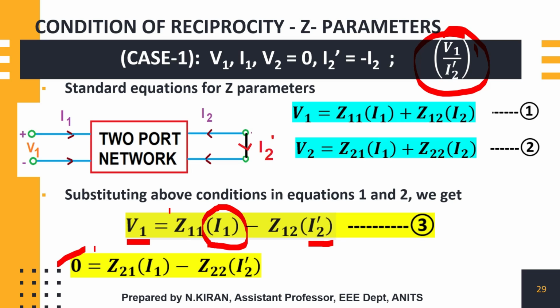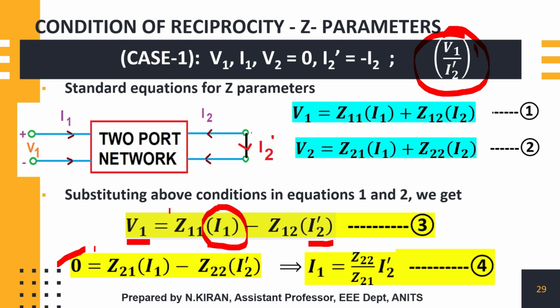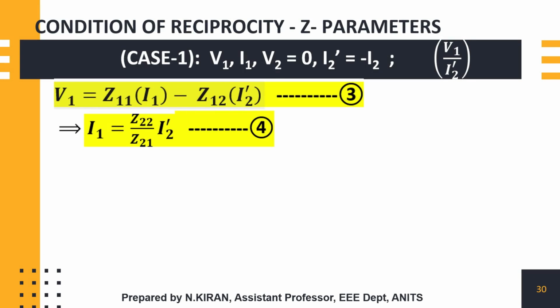If I rewrite my second equation, I get the expression for I1 to be Z22 by Z21 into I2 dash. After substituting the fourth equation into the third equation, I'll get my required ratio V1 by I2 dash.